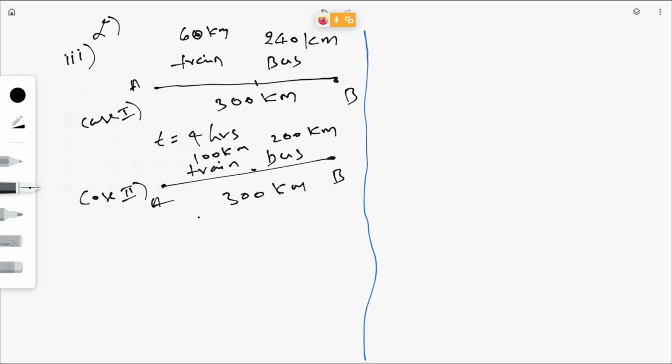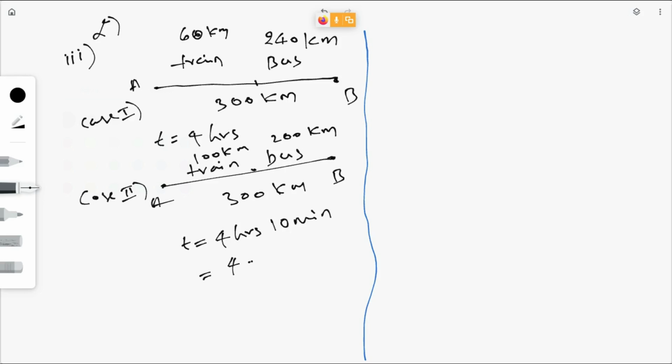So what will happen? She takes 10 minutes longer. If she travels 100 km by train and then 200 km by bus, the time is changing, right? She takes 10 minutes longer. So the time is 4 hours 10 minutes.